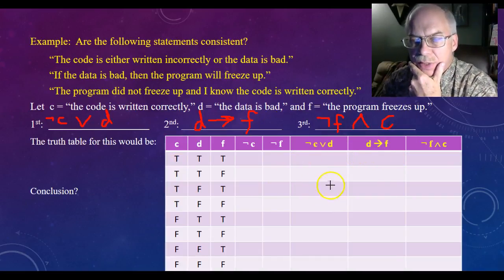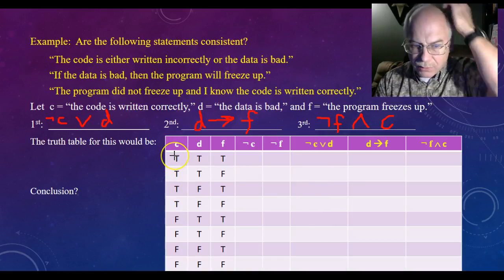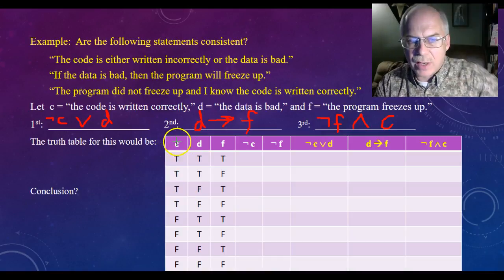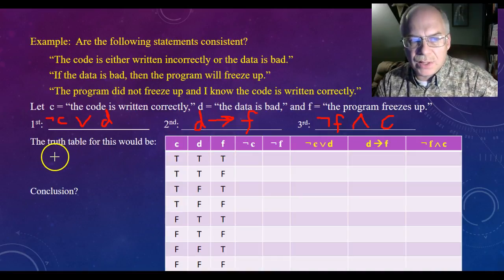So the truth table for this, now remember when I said if you have two columns you would need 4 rows? Well, how many rows would you need if you have three variables, 3 propositions? Well, you're going to take 2 to the 3rd power, which of course equals 8. So we need 8 rows for this, and you see my 8 rows.